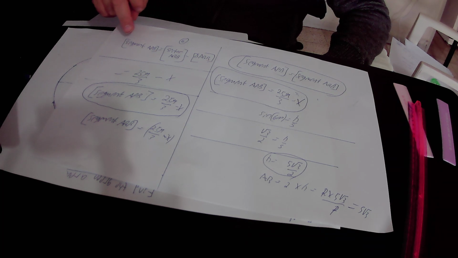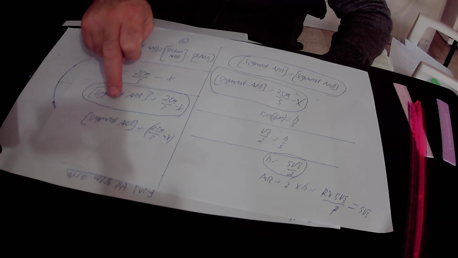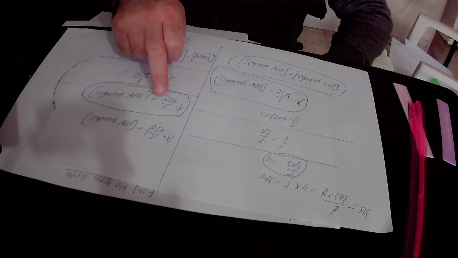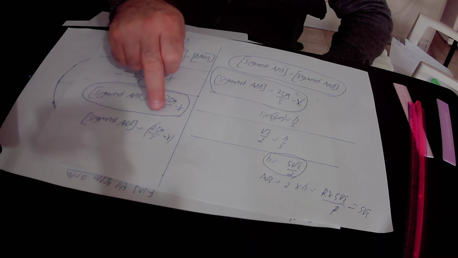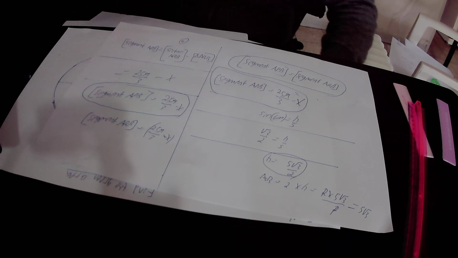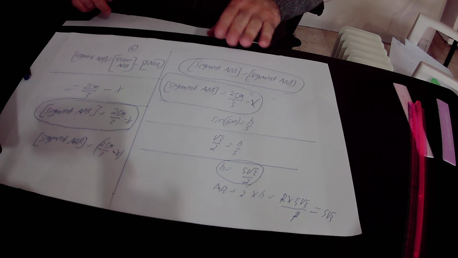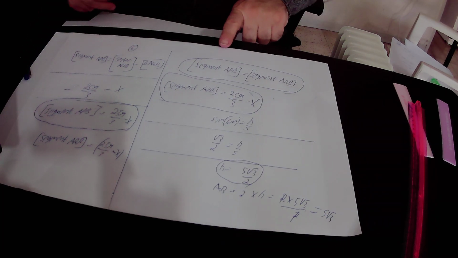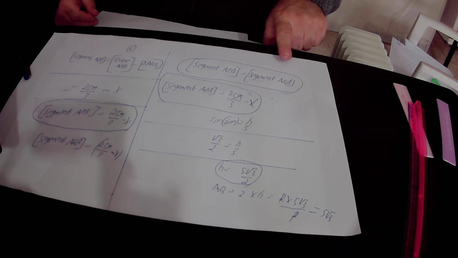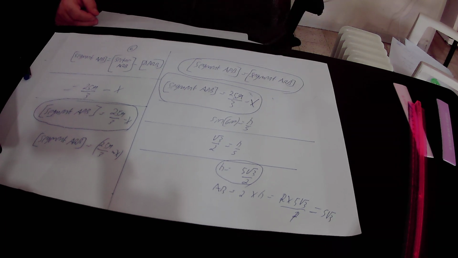That is to say, the area of segment APB equals 25 pi over 3 minus x, and the area of segment AQB also equals 25 pi over 3 minus x. Okay, so from those two statements we derive that segment APB equals segment AQB.